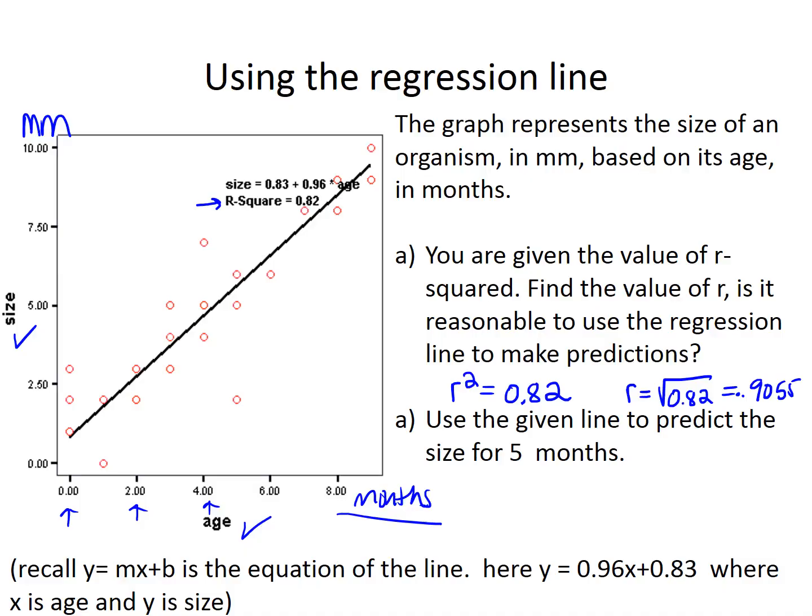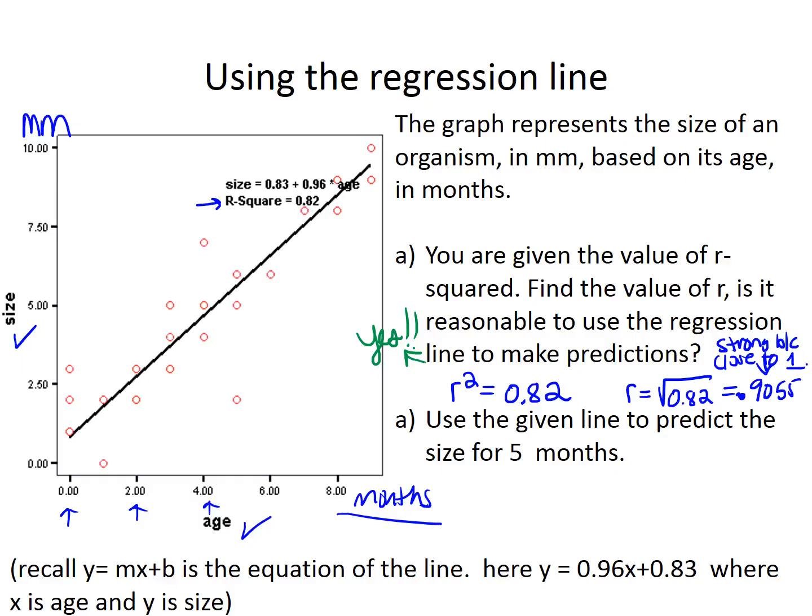So we know that anything close to 1 is a strong correlation. Because it's close to 1, is it reasonable to use the regression line to make predictions? Yes, because it's a strong correlation.